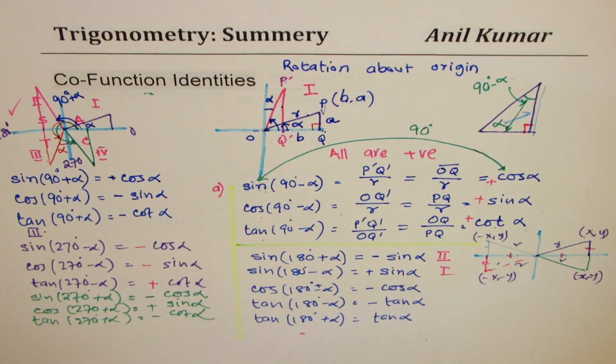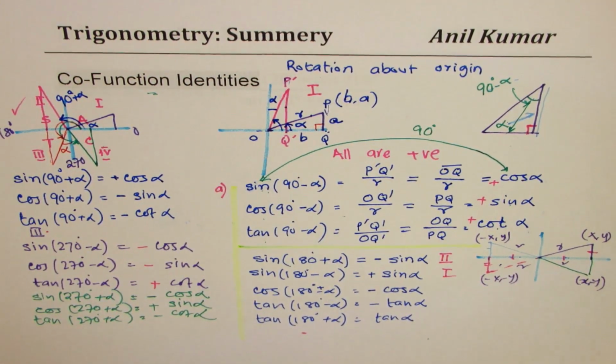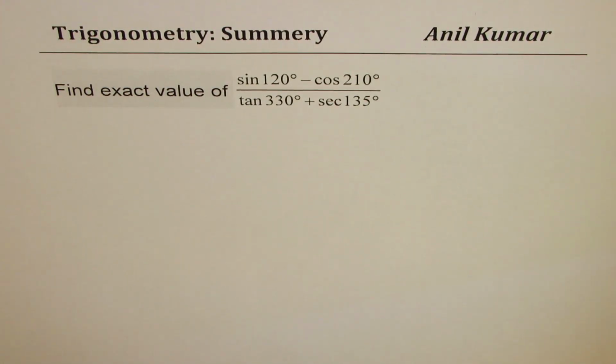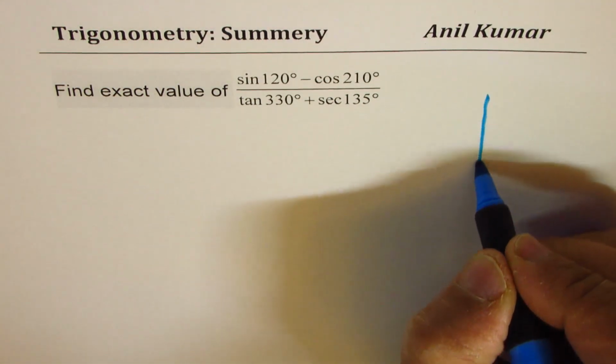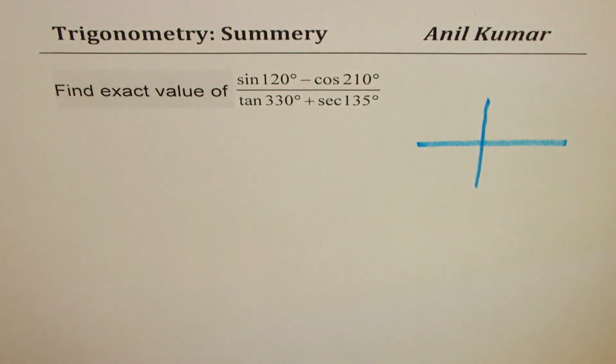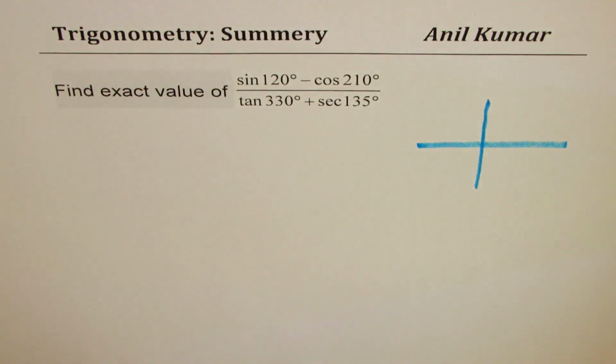Now we'll just move on to the last phase of this part 2, where we are discussing trigonometric ratios for all angles. Now in this part, we'll try to figure out what is the exact value from the concepts learned so far. So I'll review what we have learned in this video so that you get it all straight. So when we talk about finding exact value, we'll also be considering special triangles.